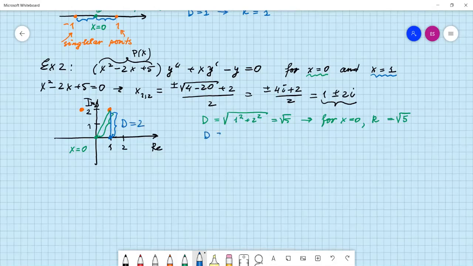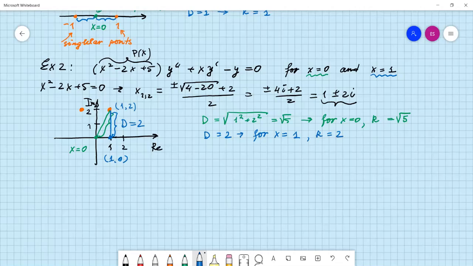So for x equals 1, the radius equals 2. Again, my suggestion: always look at the graph. You can also use the standard distance formula. Just remember, the coordinates of this point are 1, 0, and the coordinates of this point are, for example, 1, 2. So find the distance between these two points, and you are going to get the same answer.